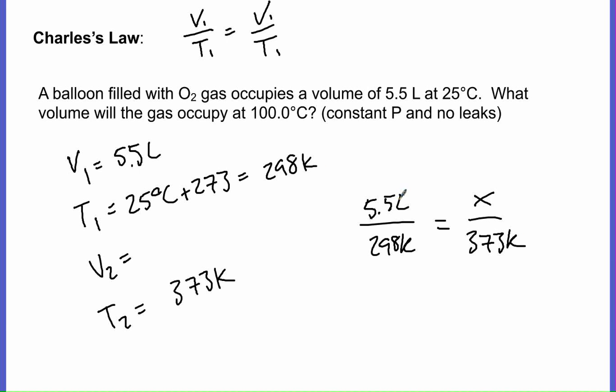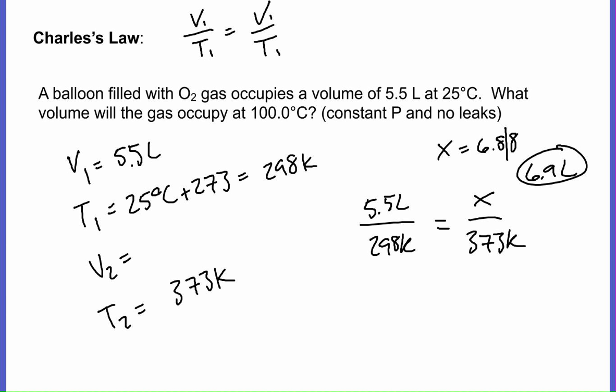Again, I'm really only going to need 2 sig figs because of my 5.5. So 6.88 really turns into 6.9 liters. And that's going to be my answer.